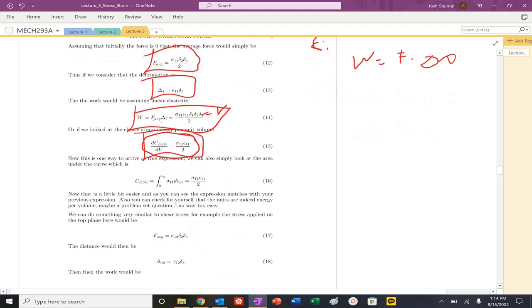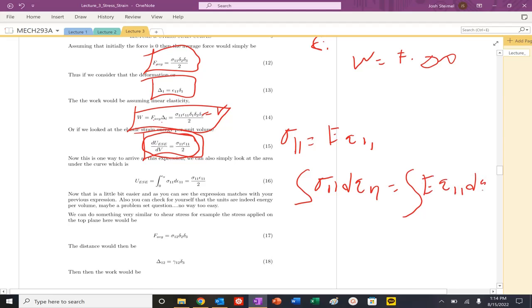Now we can actually calculate this more simply by looking at what we did previously. You could just take the integral. It's a much easier method than going through that thought experiment. I know that my stress sigma 1,1 is equal to E times E11. If I take the integral, let's just keep it indefinite at this point, the integral of sigma 1,1 times dE11 equals the integral of E times E11 dE11.